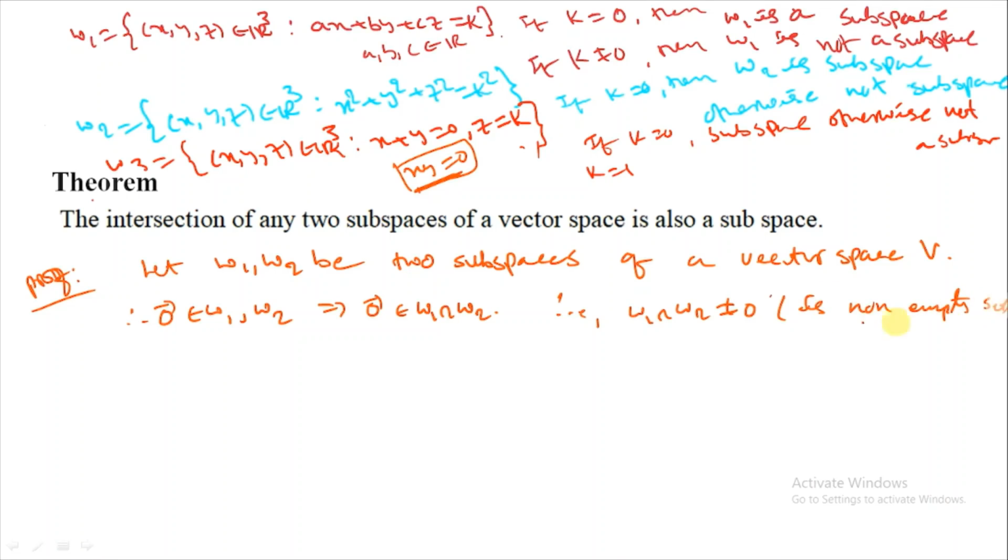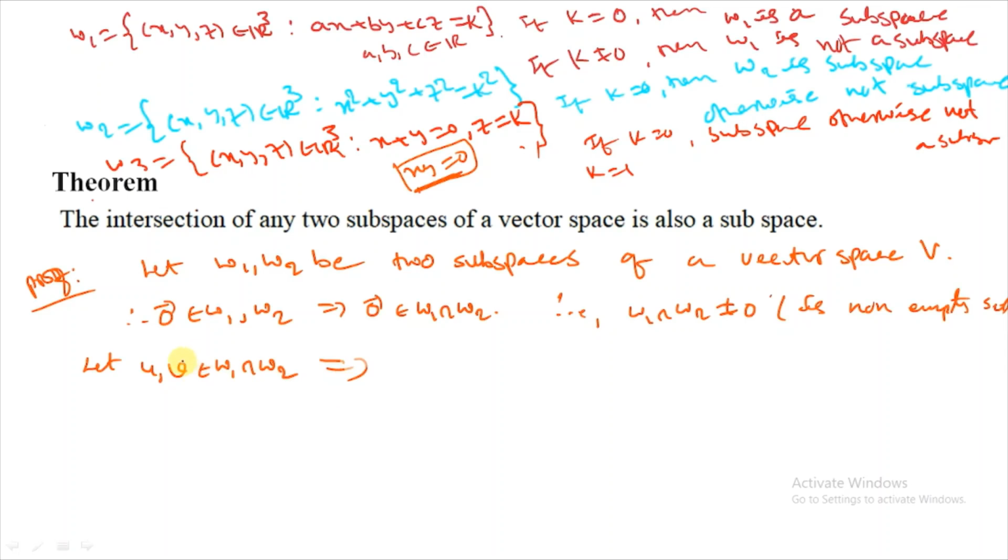Now you have to prove the intersection is a subspace. Let u, v belong to W1 intersection W2. I'm taking two vectors in the intersection. You have to prove vector addition and scalar multiplication stay in W1 intersection W2.